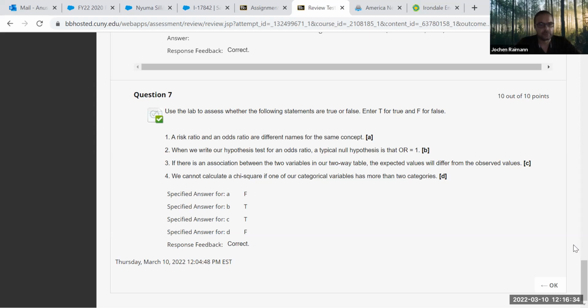And then the fourth question: we cannot calculate the chi-square test if one of our categorical variables has more than 2 categories. This is false, because the chi-square test can be used for a larger number of categories as well. You can use this expected versus observed in the same fashion, right? If, for example, you have 3 entries for the independent variable, you need to populate 2 cells, and with these 2 cells, you can fill up the other expected values.